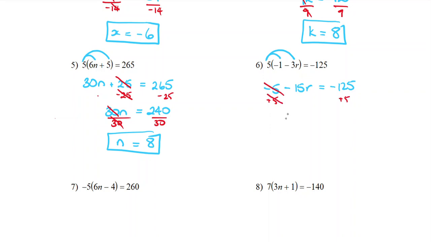What's left? Minus 15r equals, what's that number on the end? Type it in. What's minus 125 plus 5? There, you're plus 5. So minus 125, but then you, yes, minus 120.